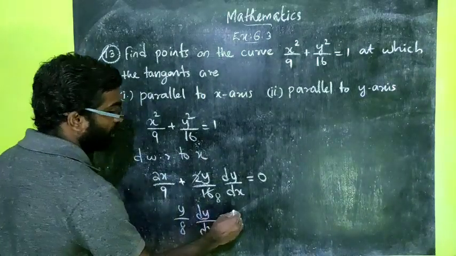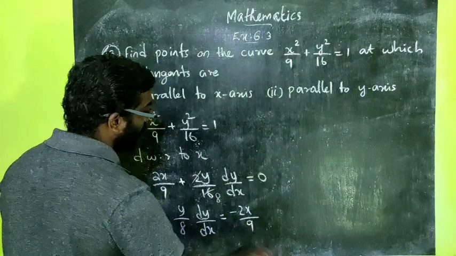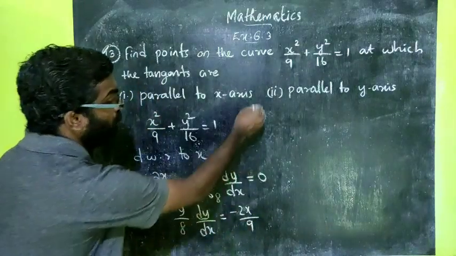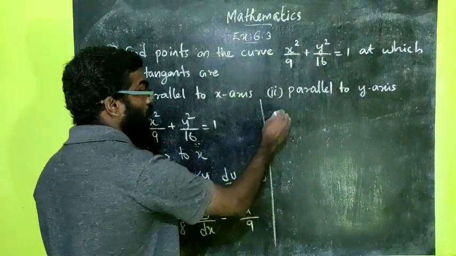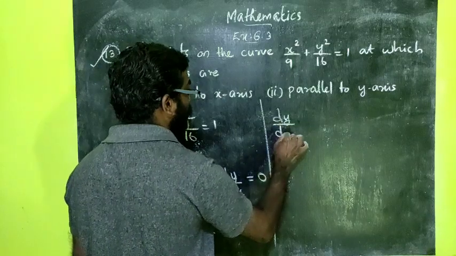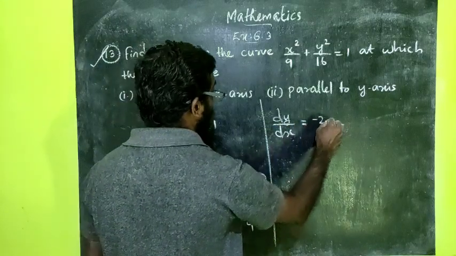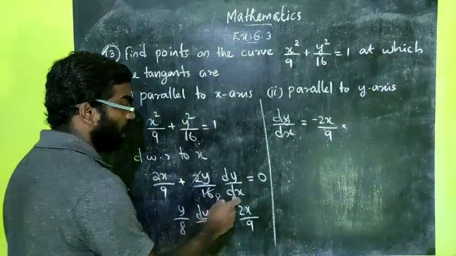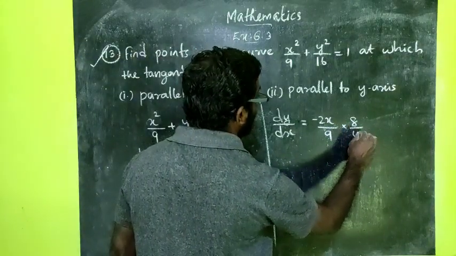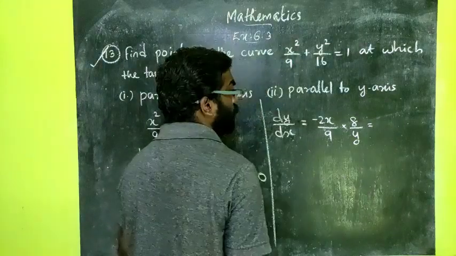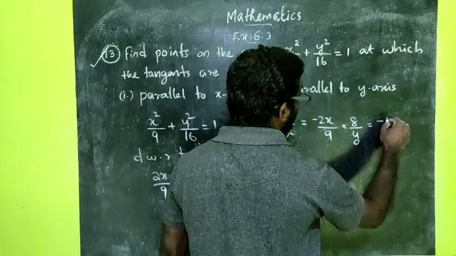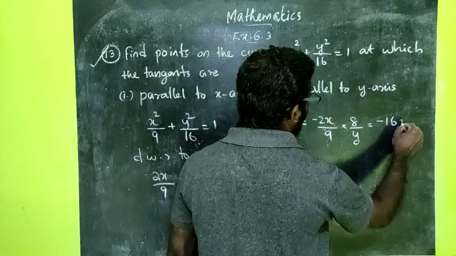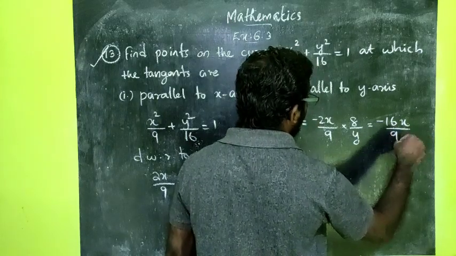You can take it to the right side, it becomes minus 2x by 9. Clear? Now dy by dx is equal to minus 2x by 9 into 8 by y, or we can write minus 16x divided by 9y.